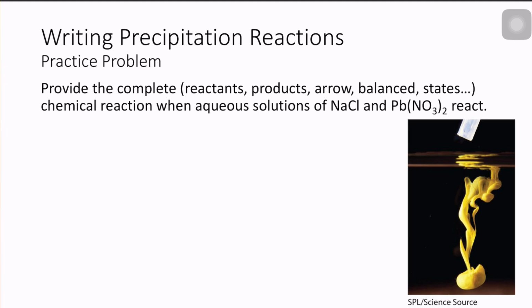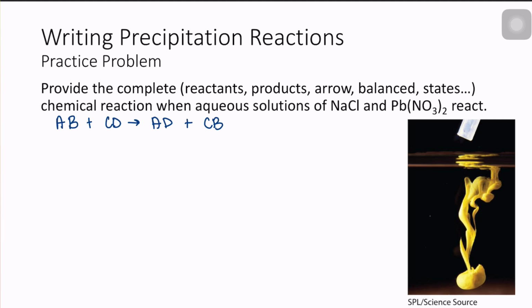So, let's go through and write a precipitation reaction. Let's get some practice. If you recall, a precipitation reaction follows the generic AB plus CD yields AD plus CB.